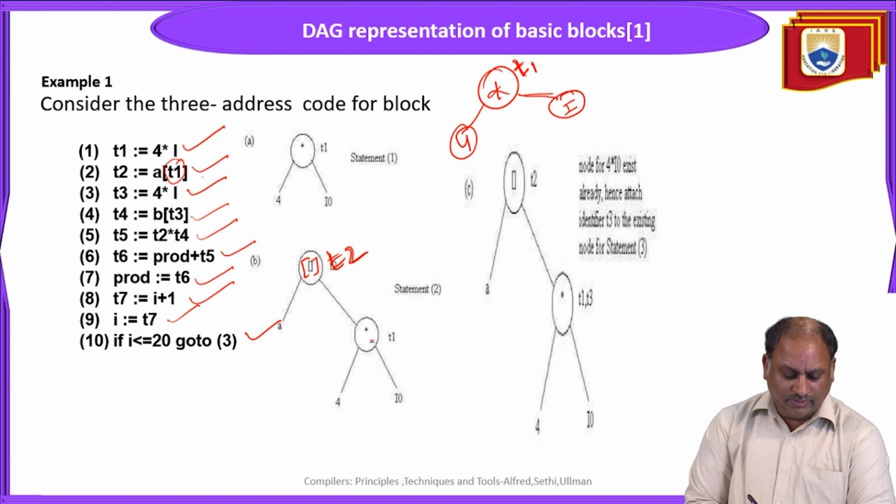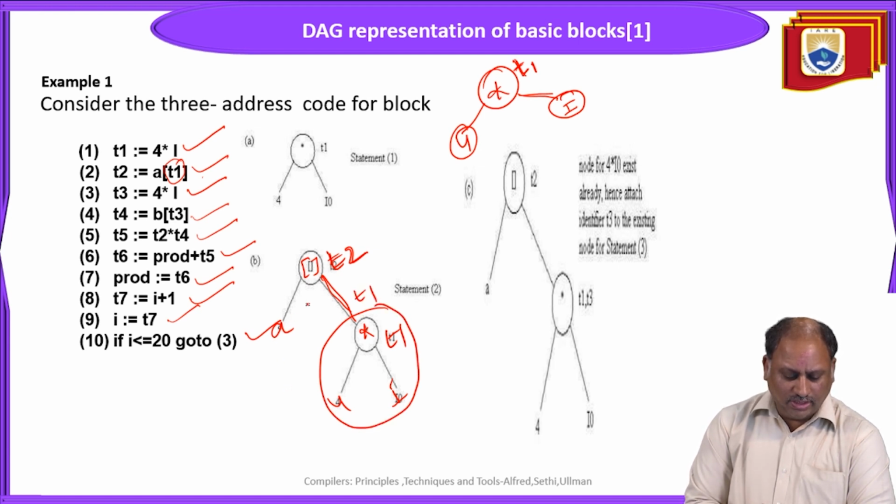A is the left child of this, and the right child is the previous computation, T1, which is calculated as 4 star I.